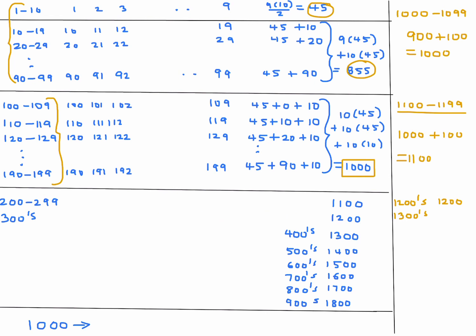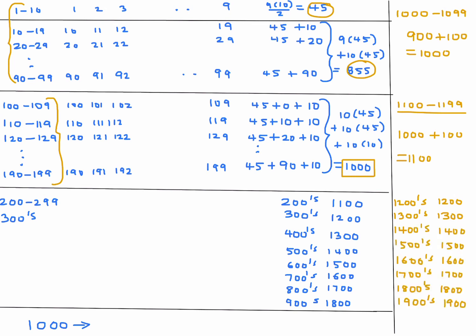And the 300s had a sum of 1,200. And again, when you're looking at the 1,300s, you're looking at the same numbers, but each number will have an additional 1. So you have to take into consideration that there's 100 ones. So you add 100 to this number. So that becomes 1,300. And similarly, you just fill out the table like that.